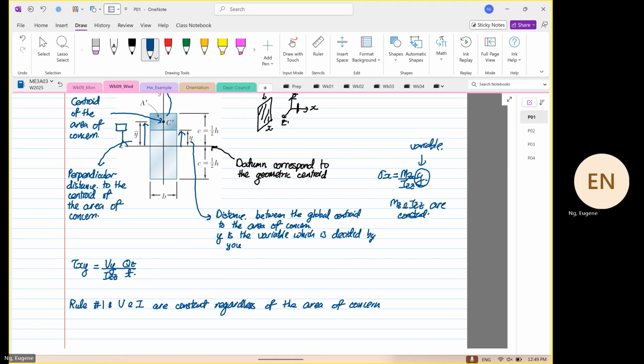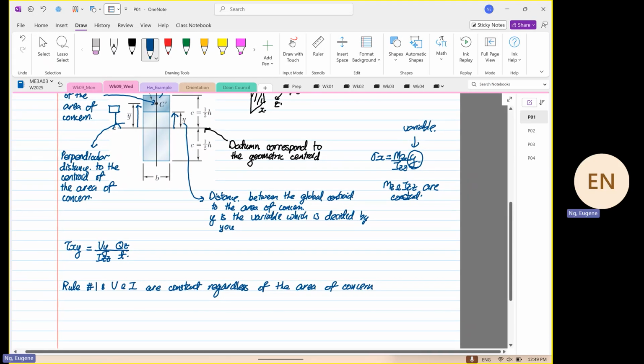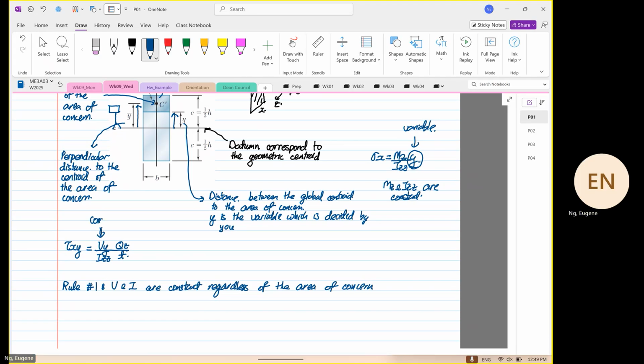Okay. So now we are going to go into this formula. So we know that this is a constant, and this is also constant. Now, what is the most complicated?